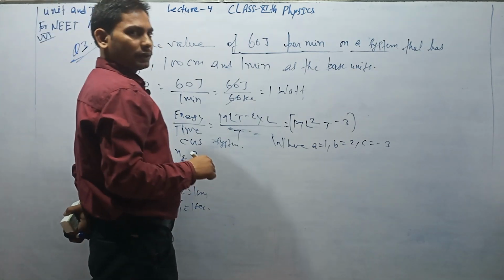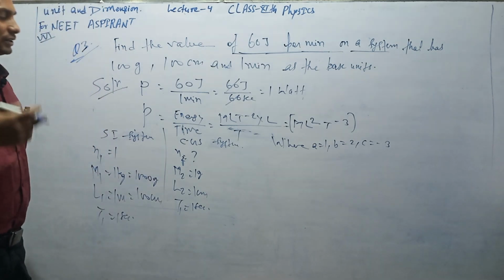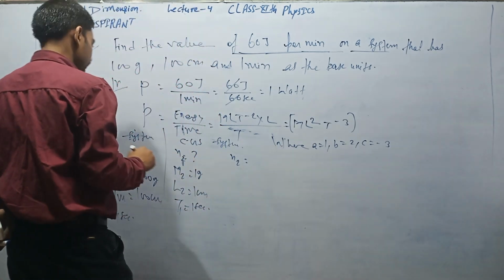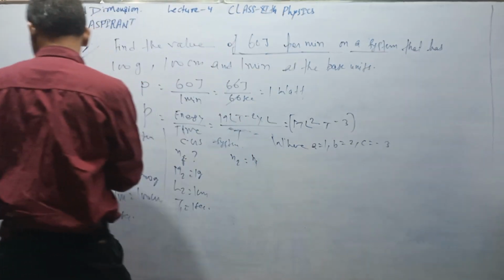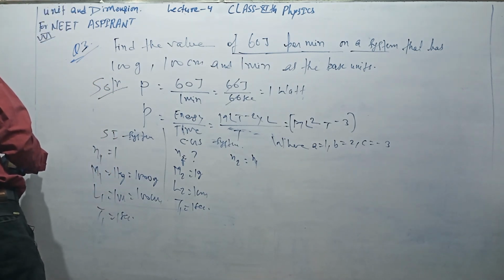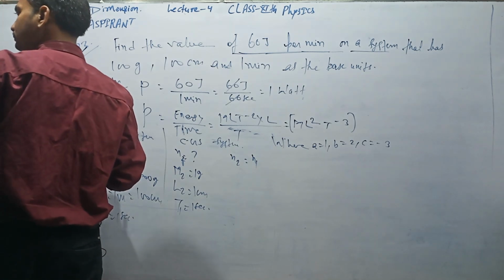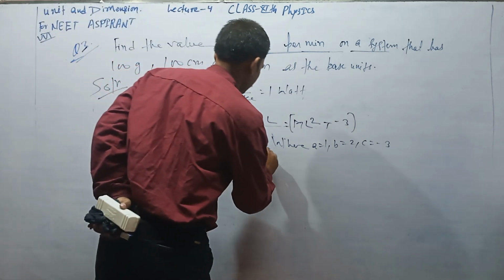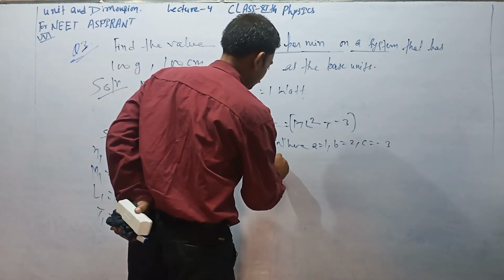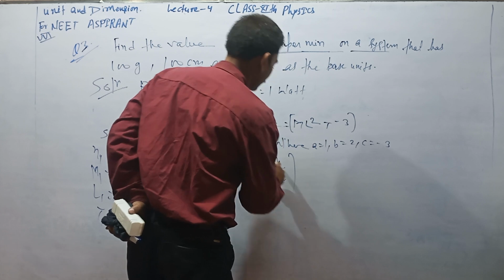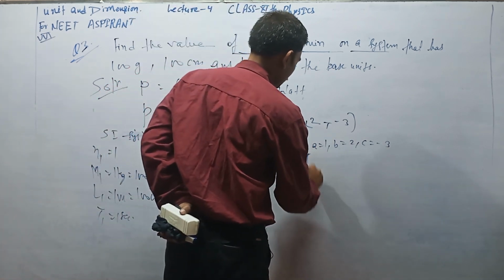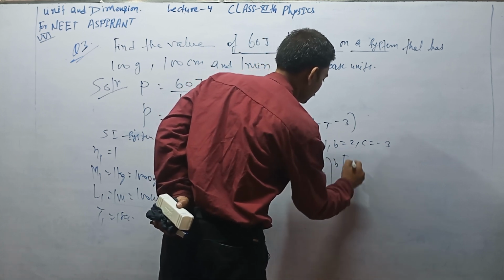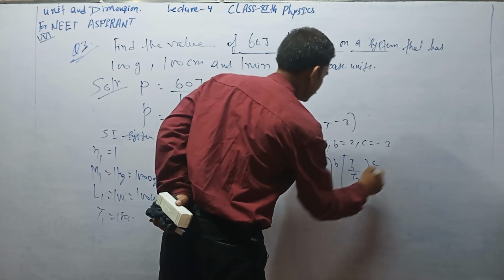Now in the standard equation I will use N2 equals N1 into M1 by M2 to the power A, L1 by L2 to the power B, T1 by T2 to the power C.